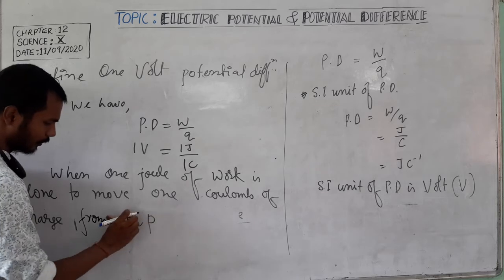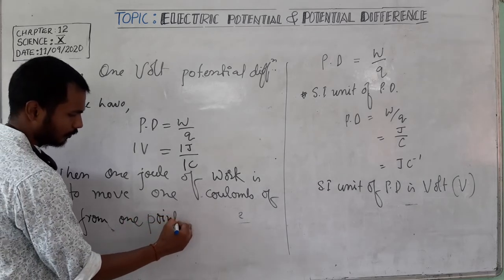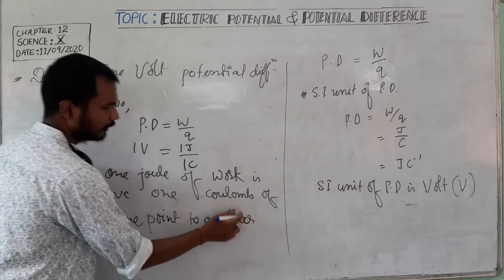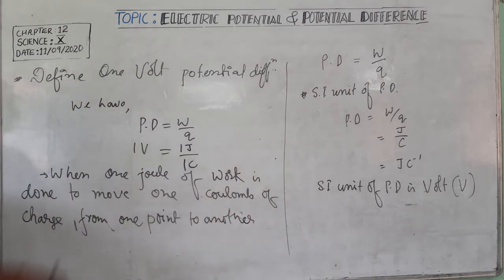This is the definition of one volt potential.